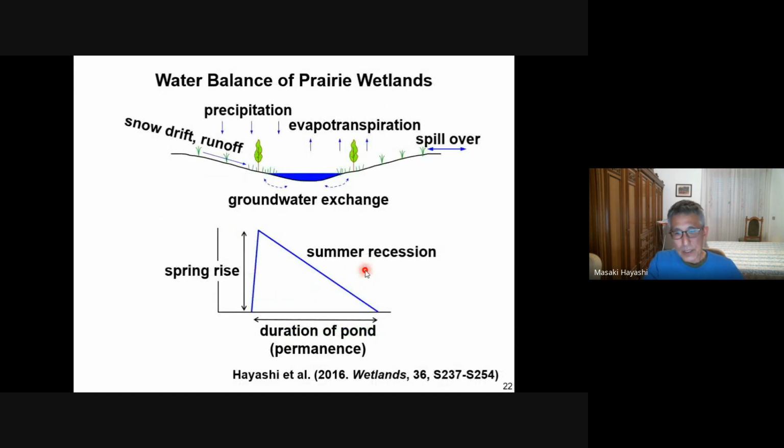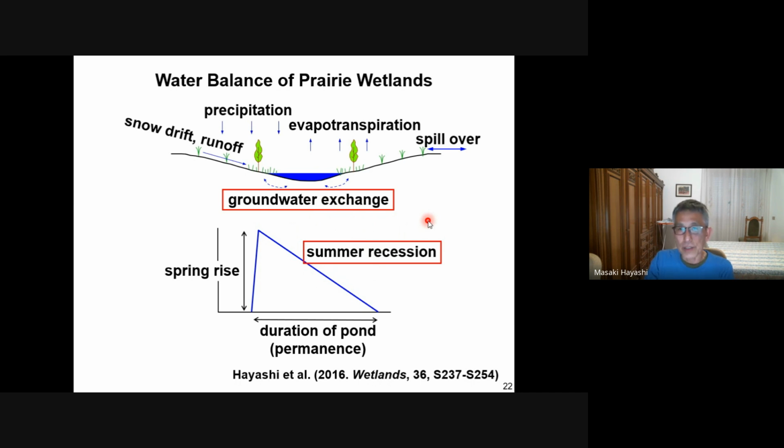As I said, this triangle is important because it determines the duration of the pond, or the permanence of the pond. And then this part, the summer recession of water level, turns out it is strongly controlled by the groundwater exchange. In this case, the groundwater loss, infiltration of pond water to recharge groundwater.